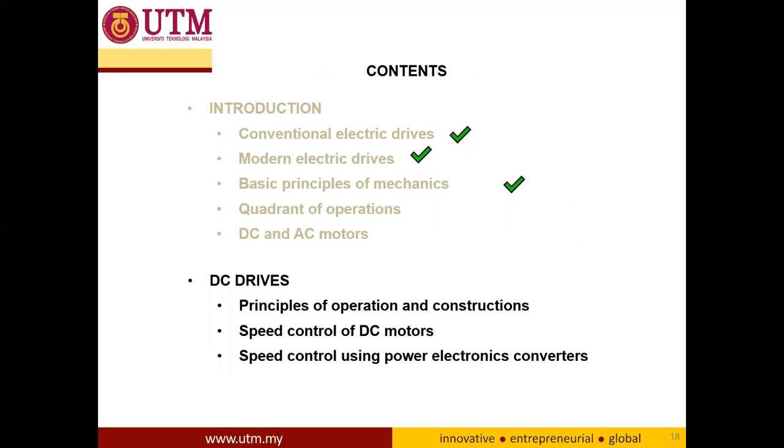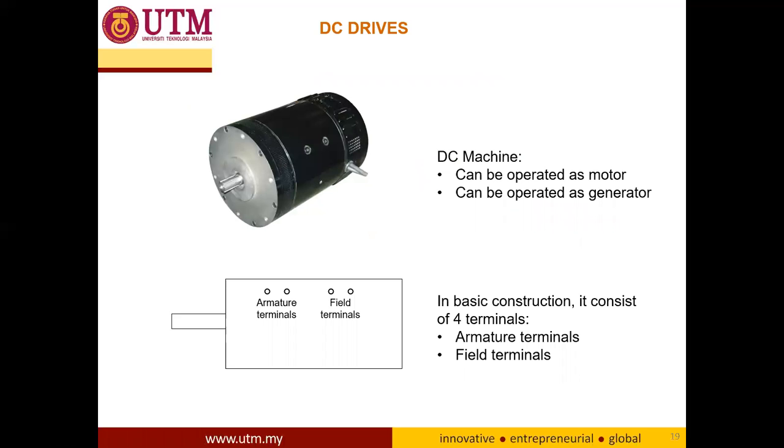Okay, so we go to the DC drive, the main part of this DC motor drive: the principle, operation and construction. This is the structure of the DC machine, and that is why we call it a machine, because we can operate it as a motor and also as a generator. In the structure of the DC motor, we have the armature terminal and also the field terminal, meaning you need a power supply for both.